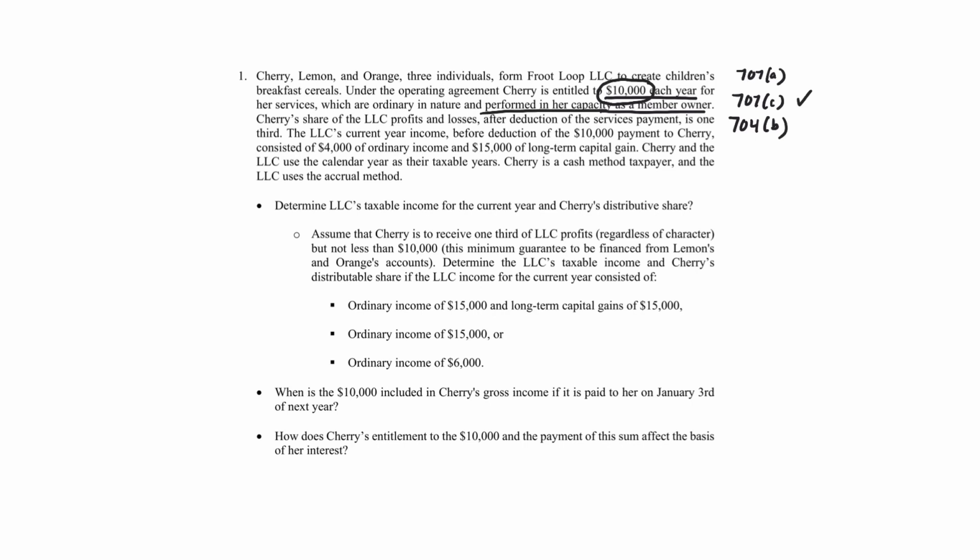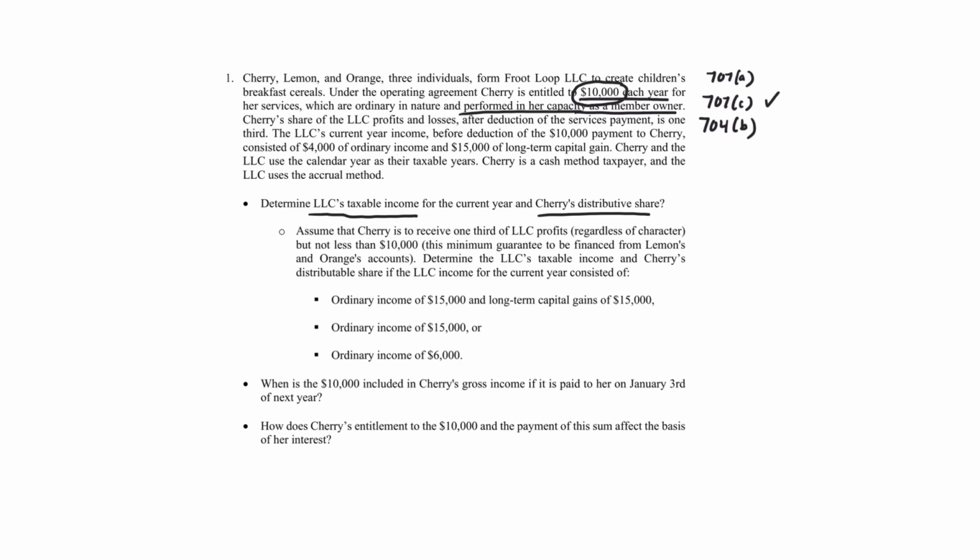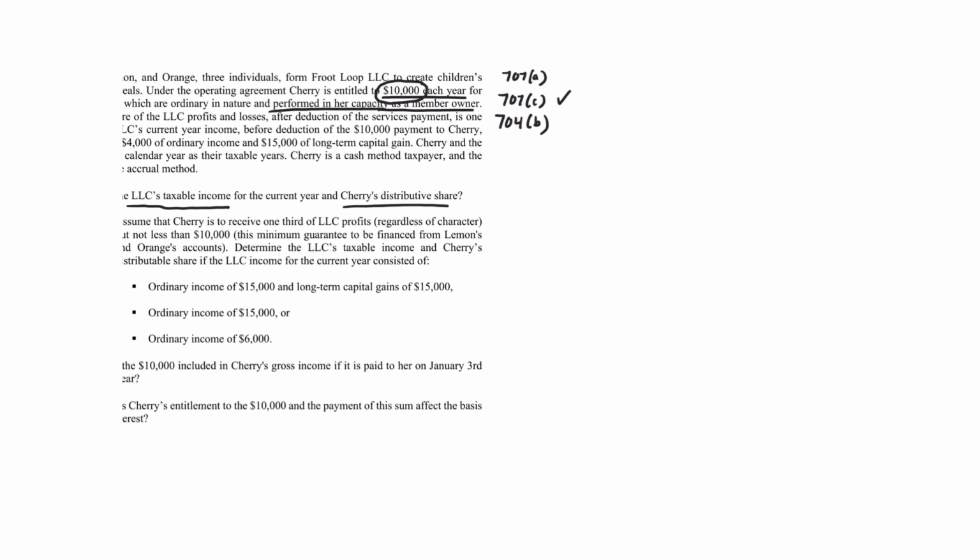So, again, we're asked to determine the LLC's taxable income for the year and Cherry's distributive share. Now, we're told the partnership, or specifically the LLC, right? It's taxed as a partnership for federal tax purposes.